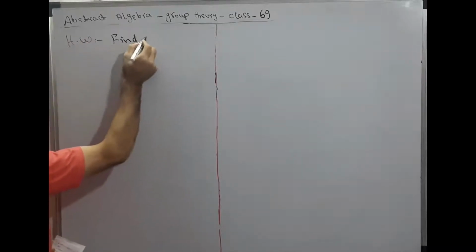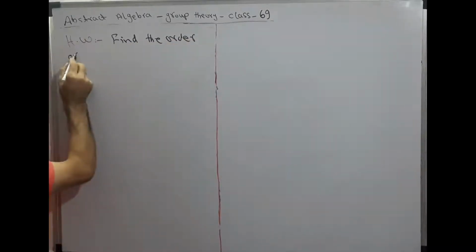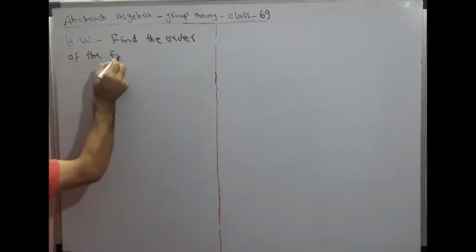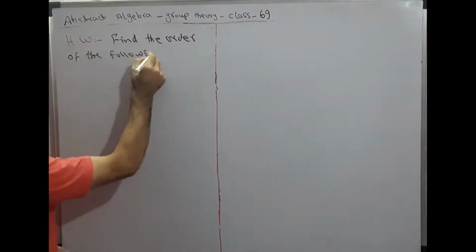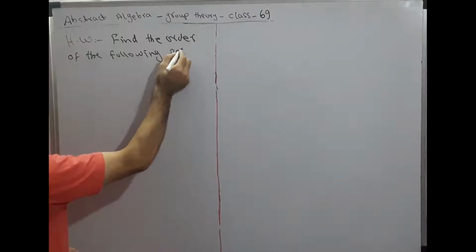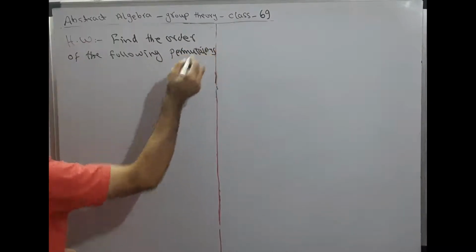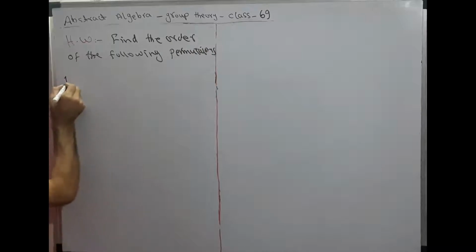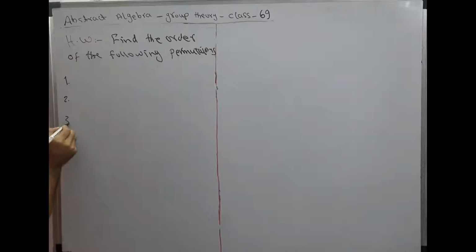Find the order of the following permutations. Number 1, number 2, number 3.